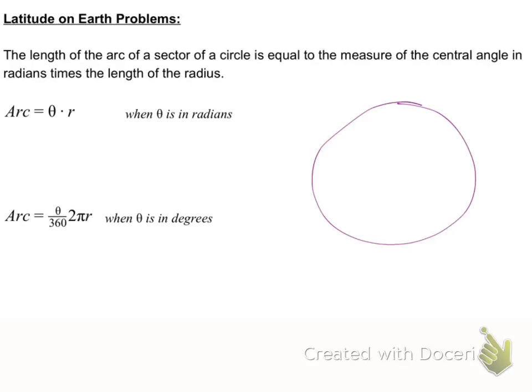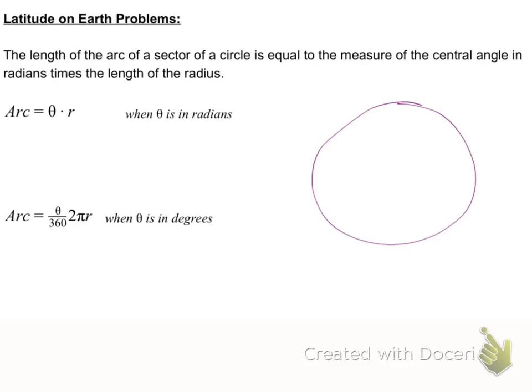I think everybody should agree with this. We're going to think of the Earth as a circle so that I can find distances between cities, or between the equator, which is halfway around the middle of the Earth, to the height of a city in latitudes.